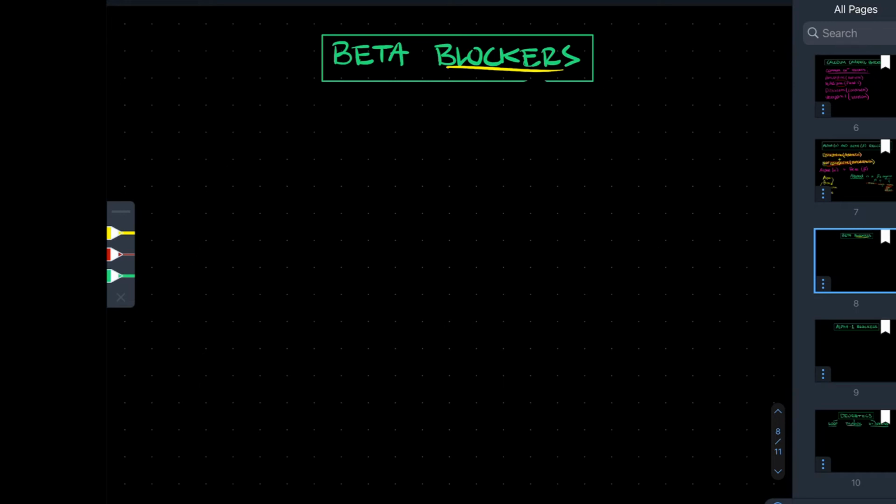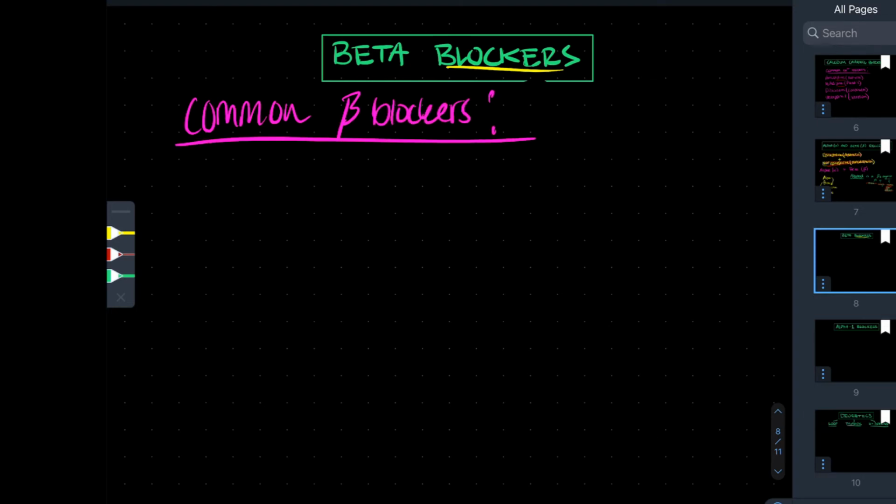And so common beta blockers are going to be things like metoprolol, which is also called Toprol. Let's see here.